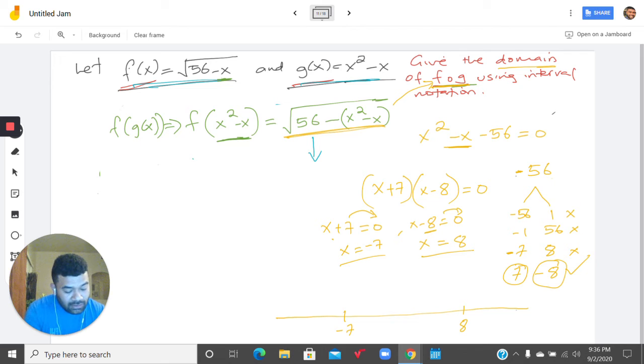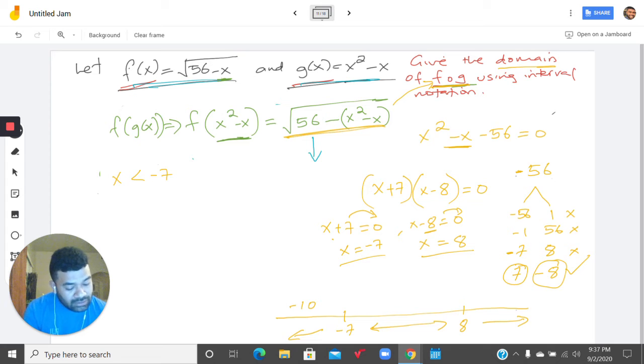Now for your domain, you need to find out whether it's going to be less than negative 7, between negative 7 and 8, or greater than 8, or it can be all three of them, right? So now let's start with x less than negative 7. Pick a number less than negative 7. Let's say I'm going to pick negative 10 for x less than negative 7.